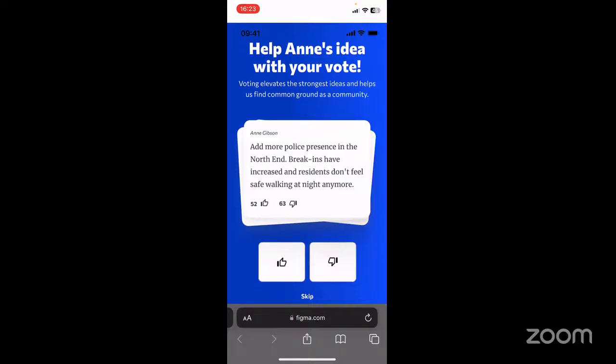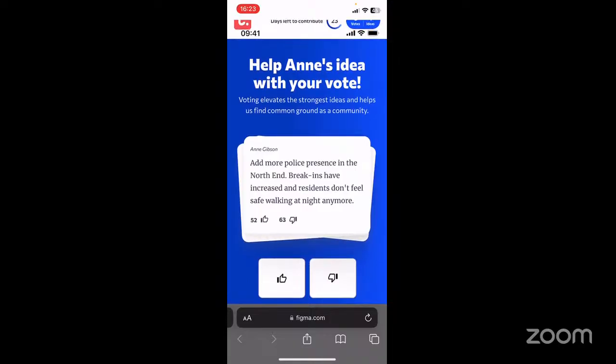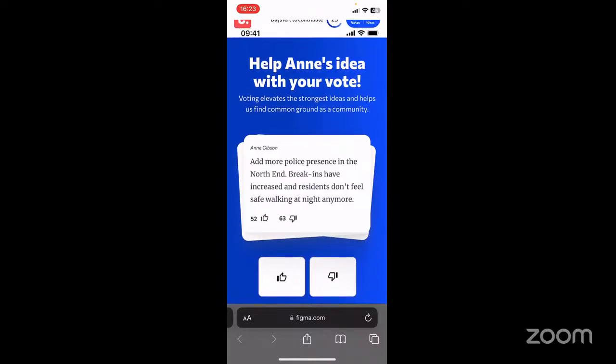I think it's really hard for stuff like this to do just a straight vote yes, vote no, because there is truth here. Maybe break-ins have increased, residents don't feel safe walking anymore, but is adding police presence the actual solution? Debatable. So how do I agree that this is an issue that needs to be addressed?